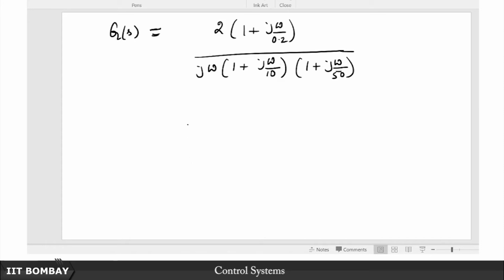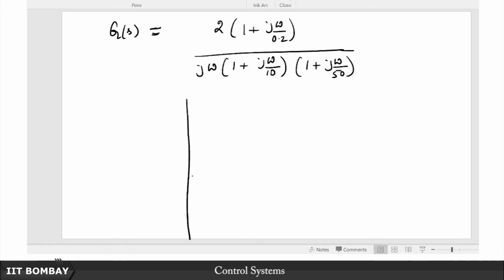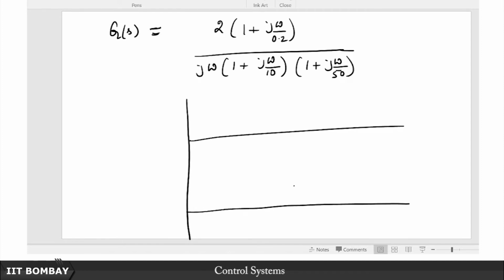So quickly we will draw this up. We will account for this constant factor last. First we will just factor in for all of these.